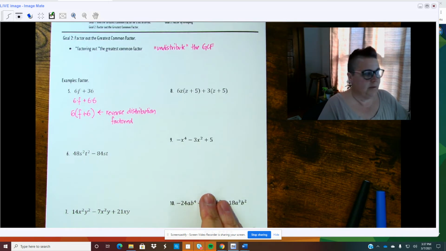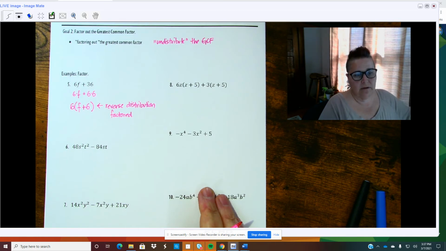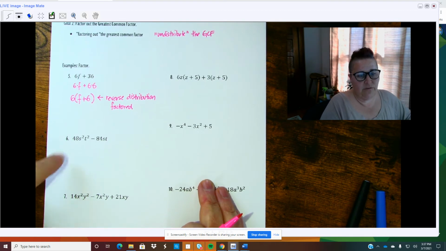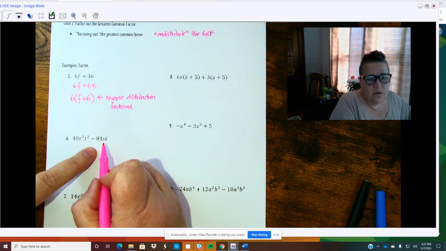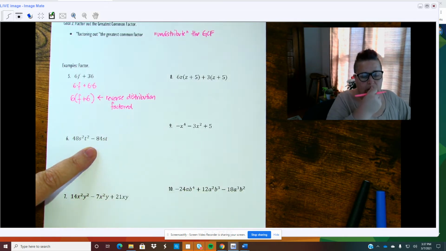If we look at problem number 6, we have 48s squared t squared minus 84st. Okay, 48 and 84. I can pull a 2 out.